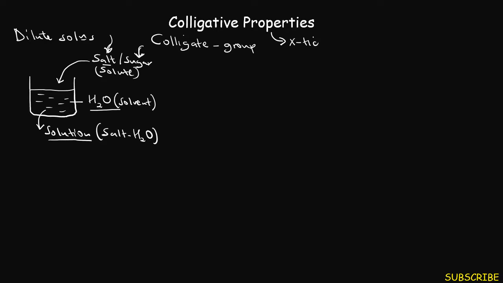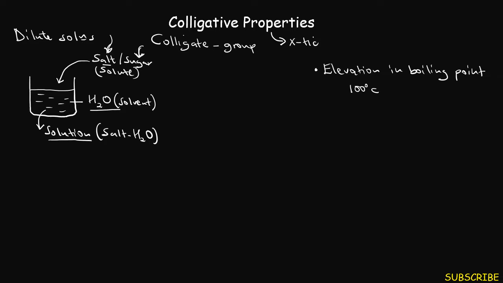Some of the colligative properties include elevation in the boiling point. We all know that water has a boiling point of 100 degrees Celsius at standard atmospheric pressure.